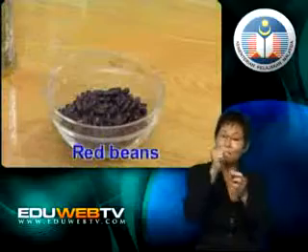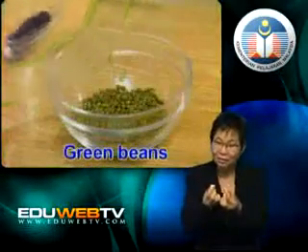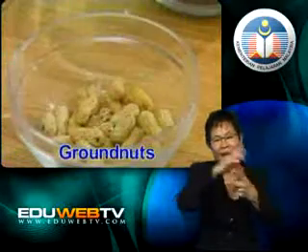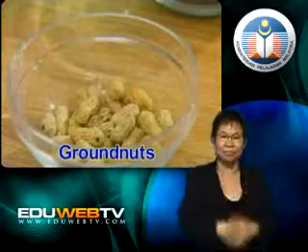Hey, what do you want to do with these beans and groundnuts? There are red beans, green beans, and groundnuts. We can eat the groundnuts. We have to think of a way to separate them first. So, what should I do? I know. We have to sieve them.